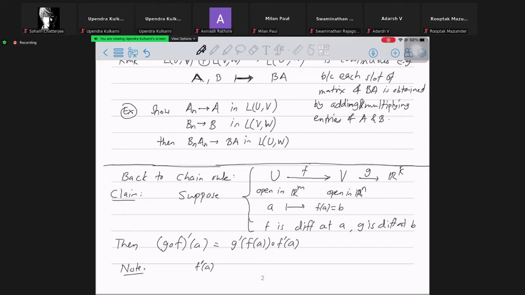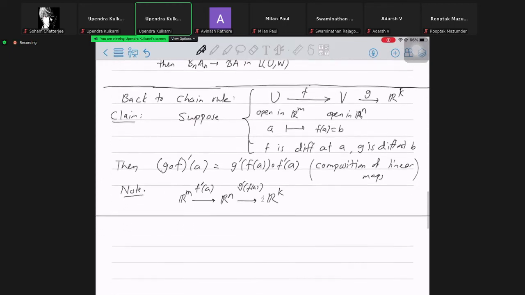It's a linear map from where to where? R^m to R^n. And G prime of F of A, which is the same thing as G prime of B, is a linear map from R^n to R^k. So this is a composition of linear maps.